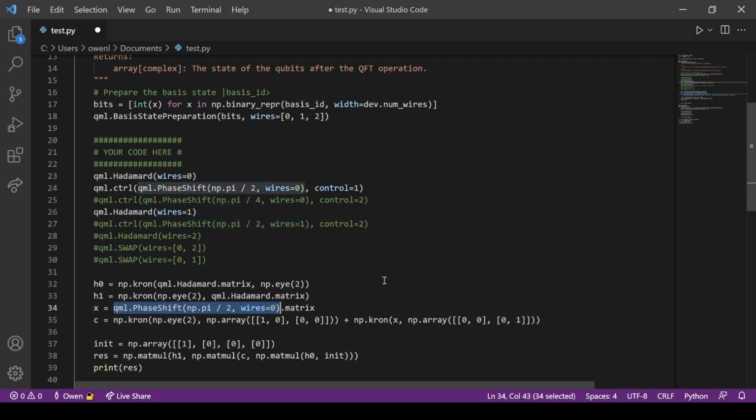This is exactly what I'm doing in this operation, and then I'm just using the same equation that they gave us before, remember, where we had this controlled operation, where we had the Kronecker product of the identity and the 0, 0, and the Kronecker of the target gate and the one state.